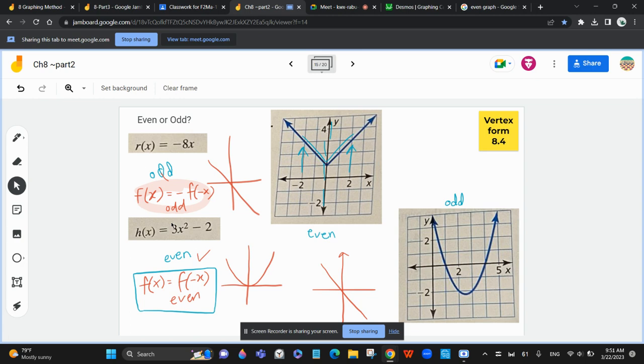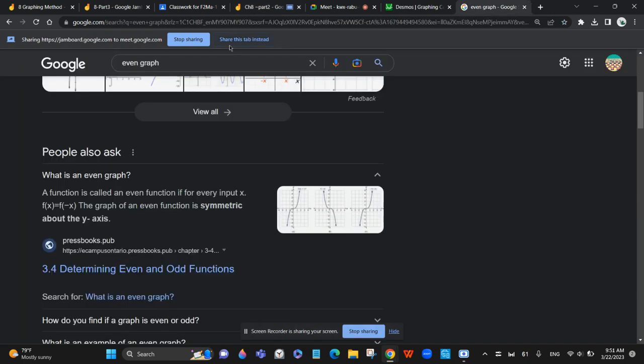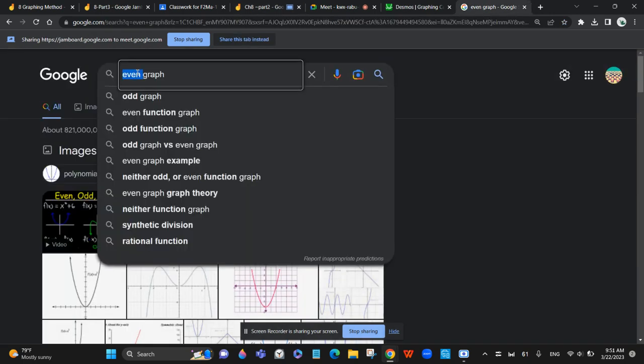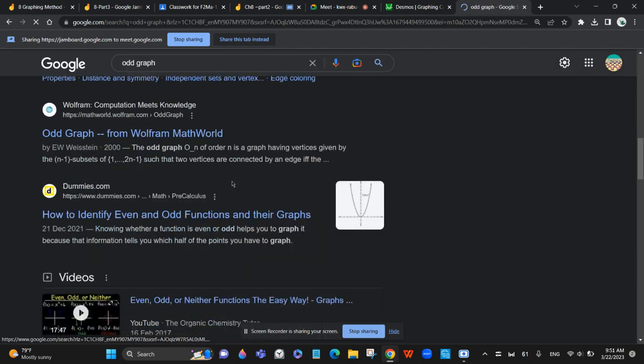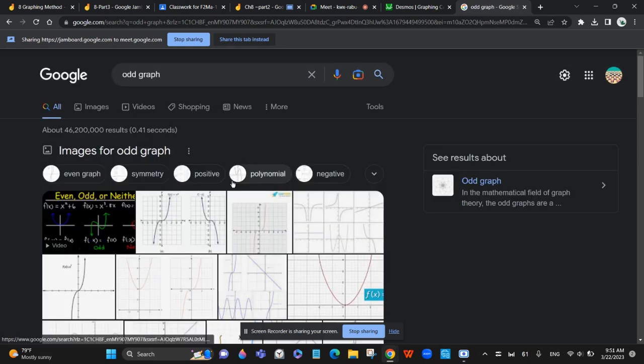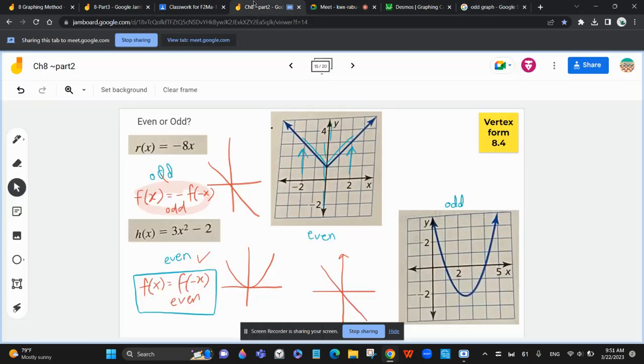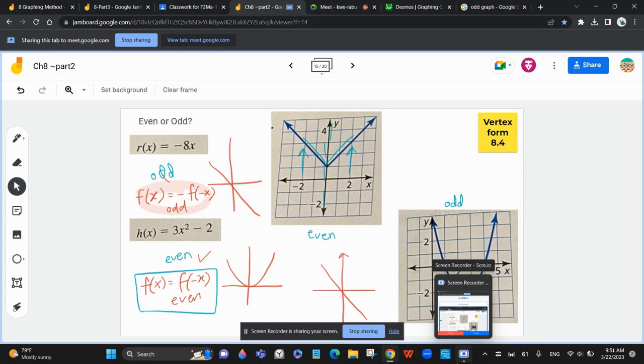Okay, so the even is like symmetry, and the odd is like, I'm not sure, the anti-symmetry or, yeah. So the odd function is symmetry through the origin, but the even is symmetry at the y-axis.